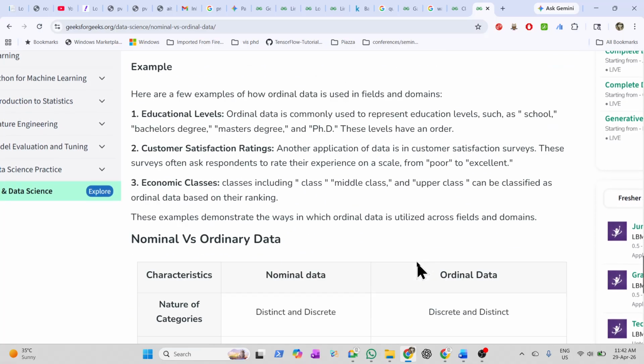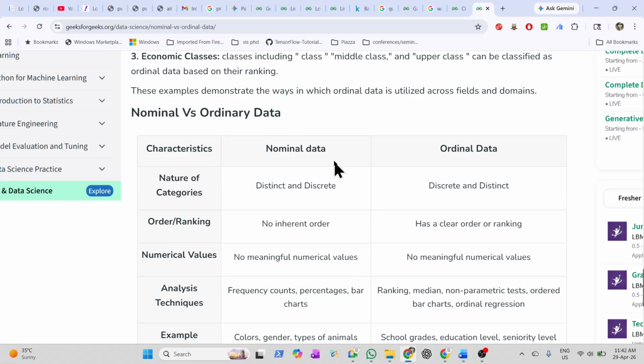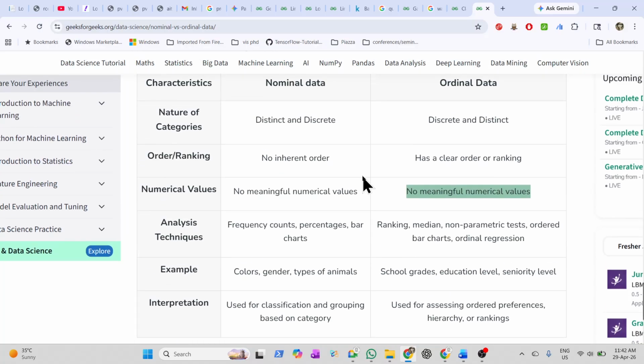This is the comparison of nominal data and ordinal data. In nominal data we have distinct and discrete values. Here also the same, but here there is no ordering, and here we have inherent ordering or ranking. There is no meaningful numerical value, but with respect to categories, here there is ordering, here no ordering.